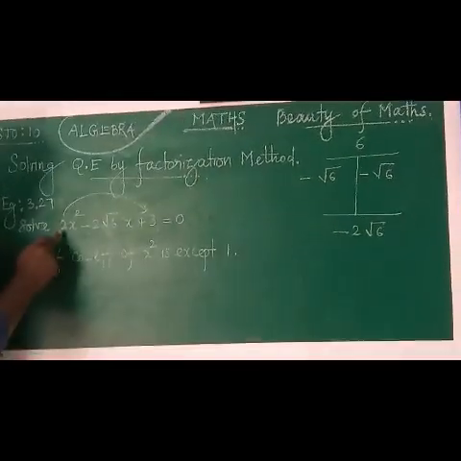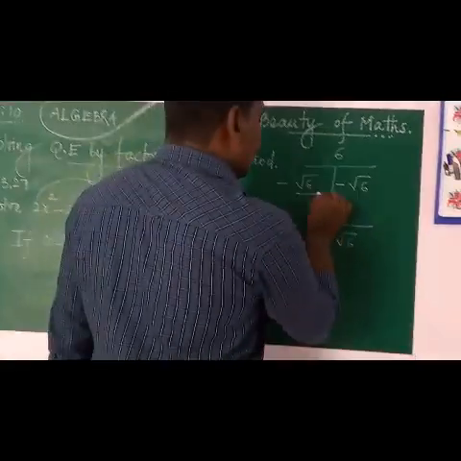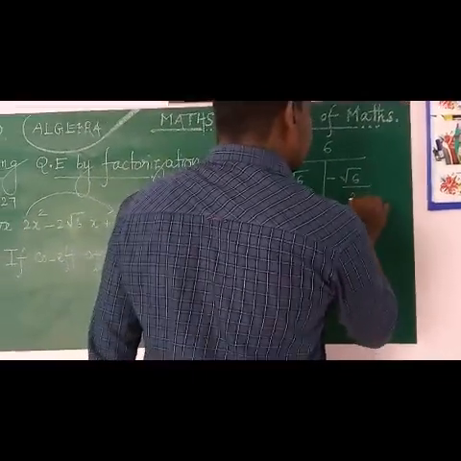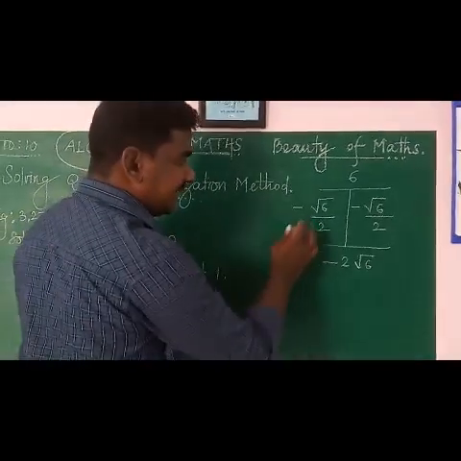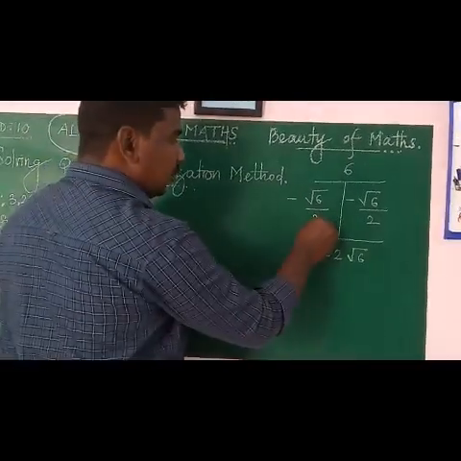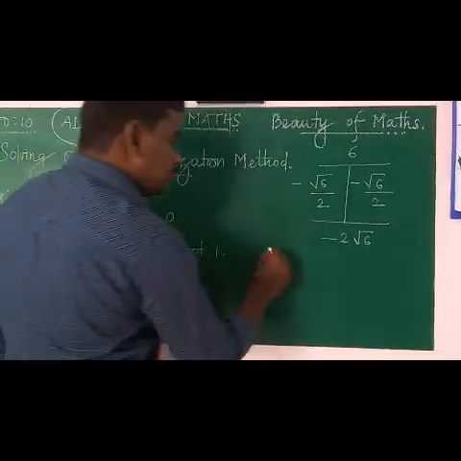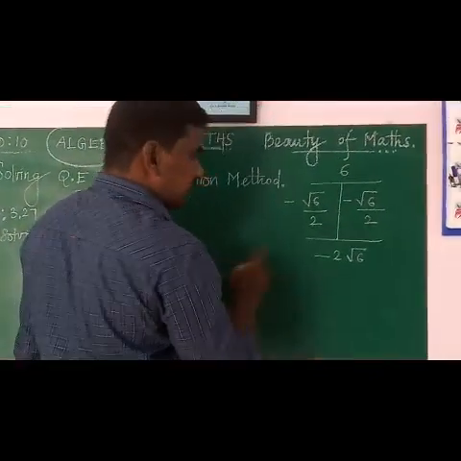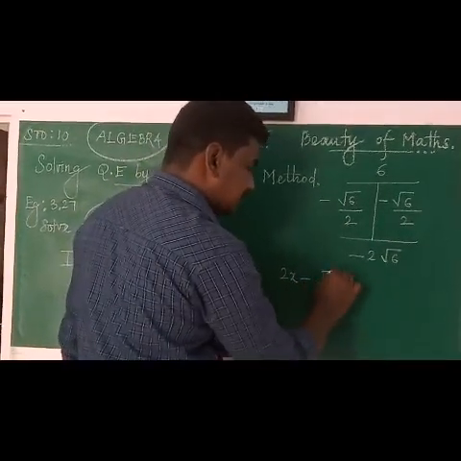You know one thing: you multiplied by 2, so you want to divide by the same number. Here you want to divide by 2. So how can we write it in factor form? 2 into the variable. Here the variable is x. So 2x is 2 into x minus root 6.